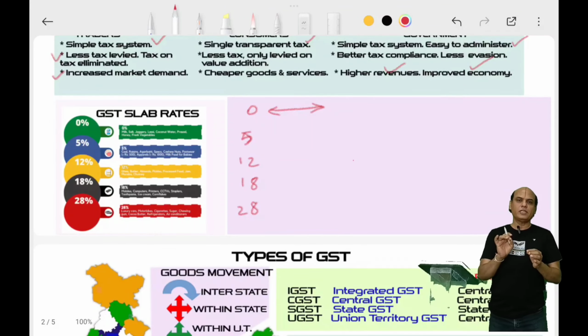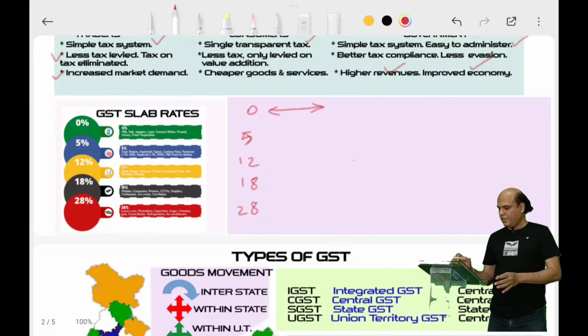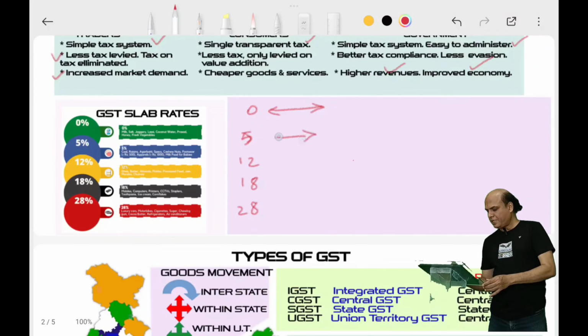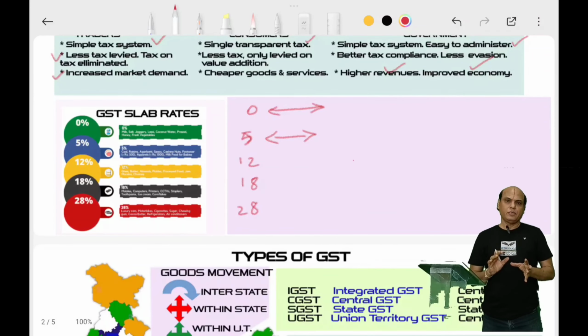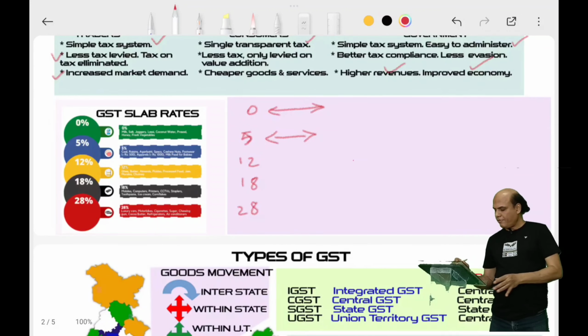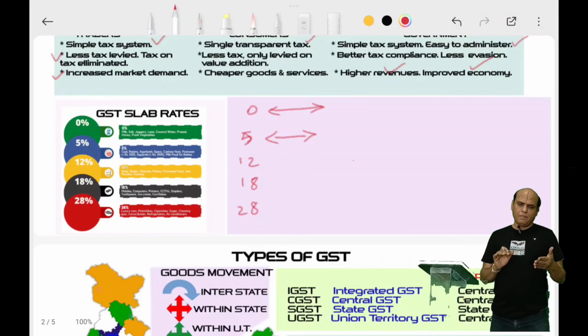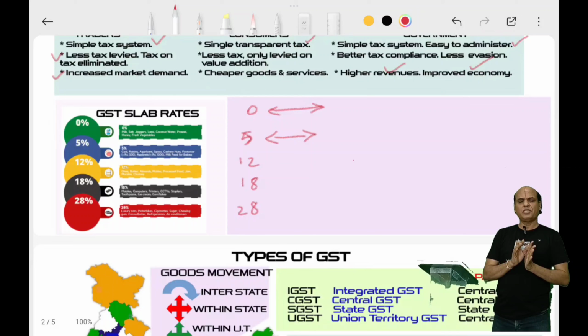So they fall under 0% GST. Bare necessities. Then the 5% slab: certain goods that are very essential fall under 5%. So the government has decided to help the common man by levying very less tax on such goods which are essential for daily life.